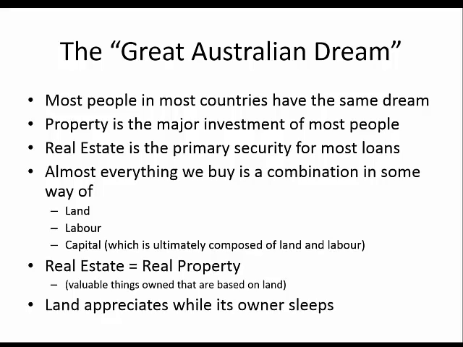We've already noticed that almost everything that we buy is some kind of a combination of land or a whole series of land components. We saw that in the case of the supply chain getting food to the consumer. If we take that a little step further, though, we can put in some other dimensions.